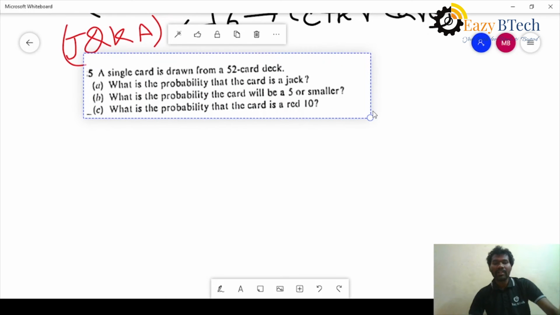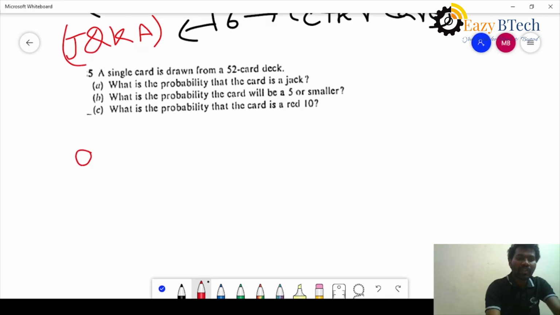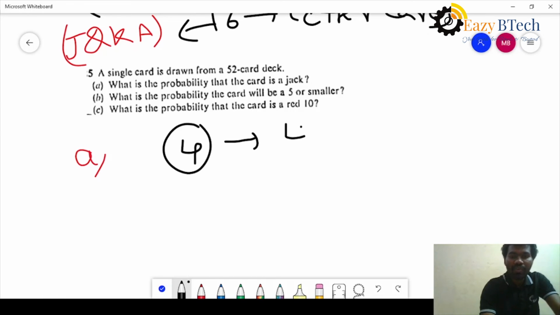A single card is drawn from a 52 card deck. In the first problem, what is the probability that the card is a jack? How many jacks are there? Totally there are four jack cards: one from heart, one from diamond, one from spade, and one from club.